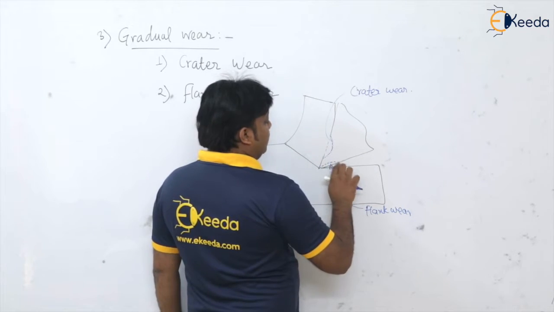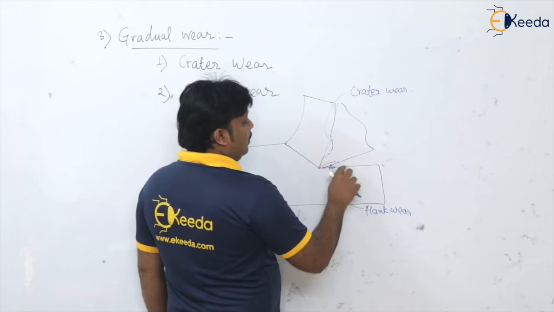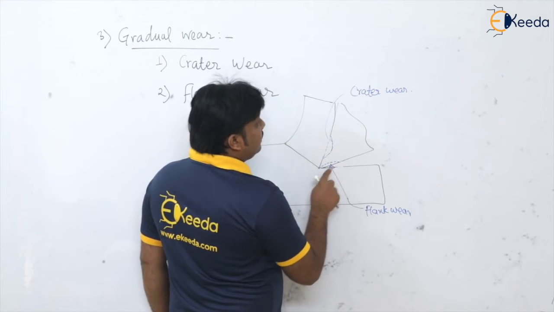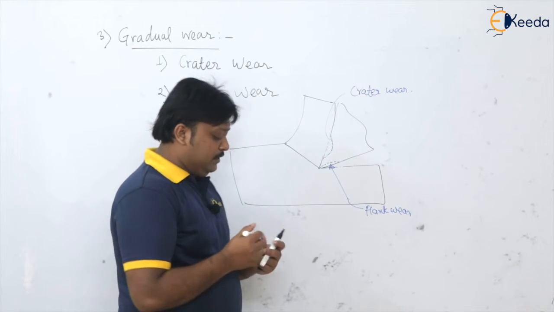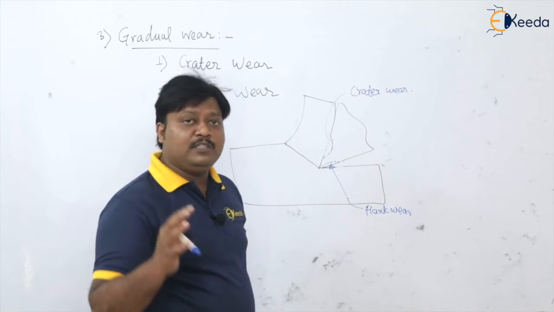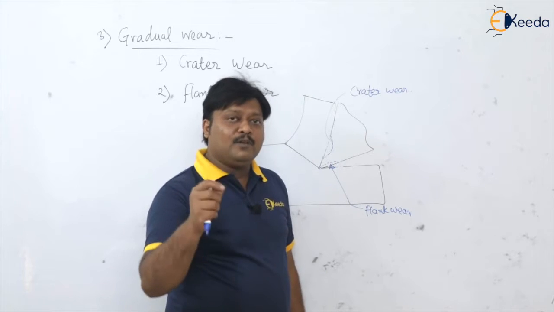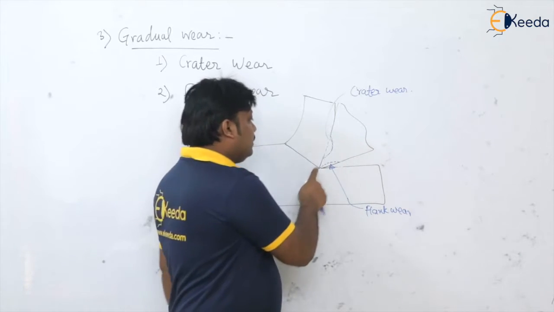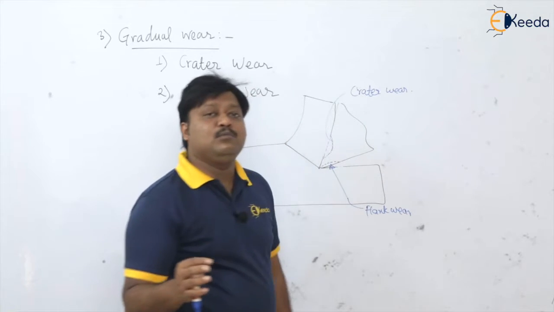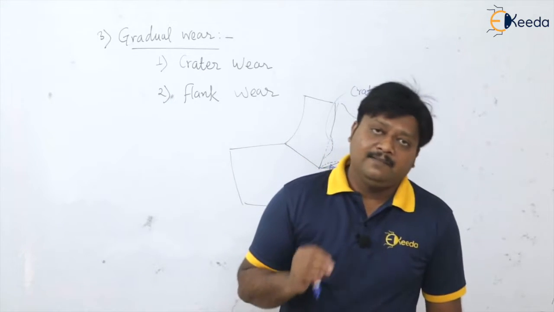Because of that, we get this kind of depression here, which is nothing but the flank wear. Okay, so I hope it is clear where the crater wear occurs: on the rake face of the tool at a certain distance from the tip of the tool. This is the crater wear, and at the flank portion we get the flank wear.